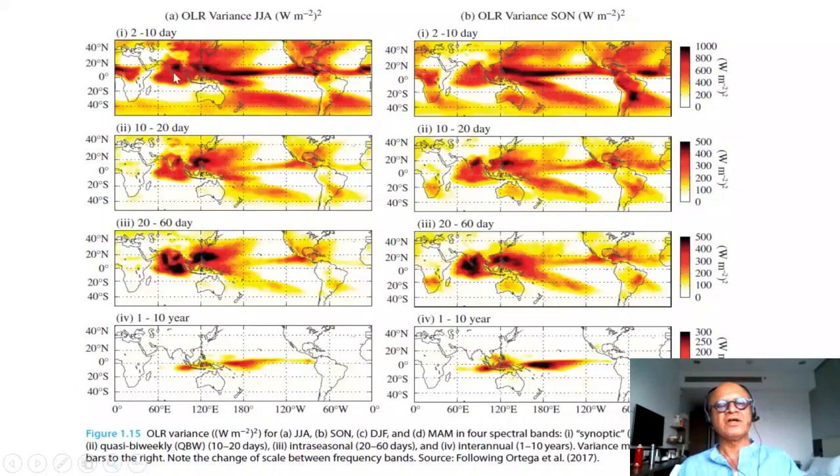West Africa rainfall, etc. But now we are looking at the weather time scale, synoptic time scale, and the high frequency intra-seasonal time scale. So you can see there are differences in the variances over, let's say, the Bay of Bengal. High here and high here compared to this time scale here. We will see later on that there are also differences in terms of how they propagate.